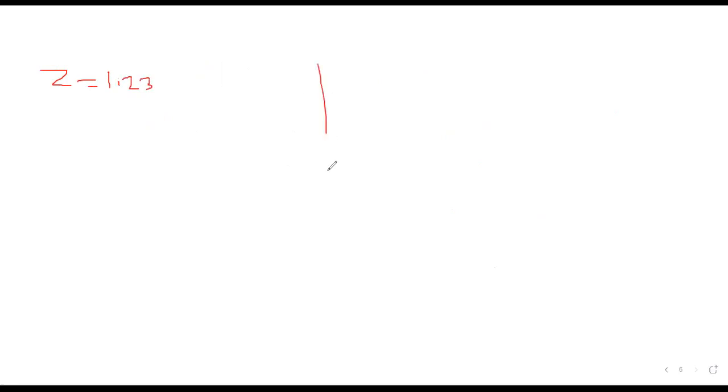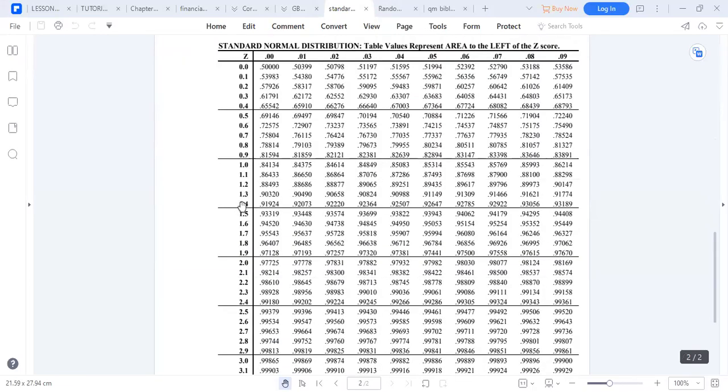The way we're going to read this in the table, you go under 1.2 and 0.03 where they meet. This is our probability. So let's go to our table here. For 1.23, you go under 1.2 and 0.03.